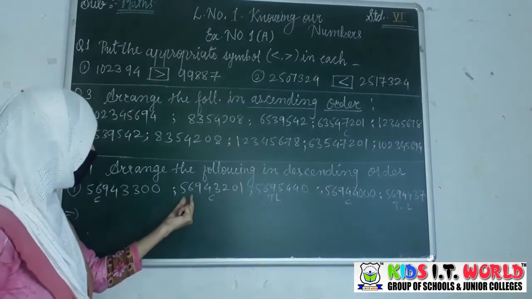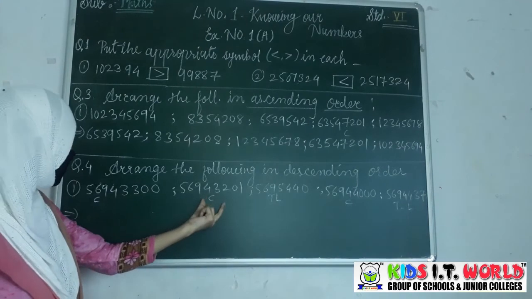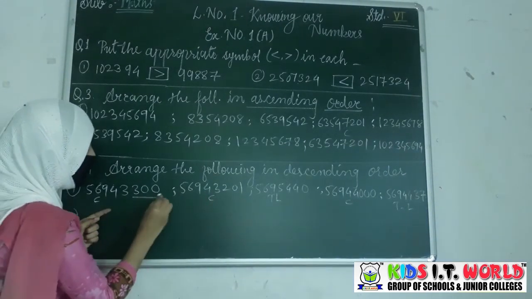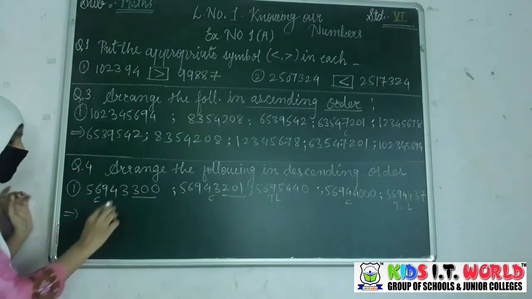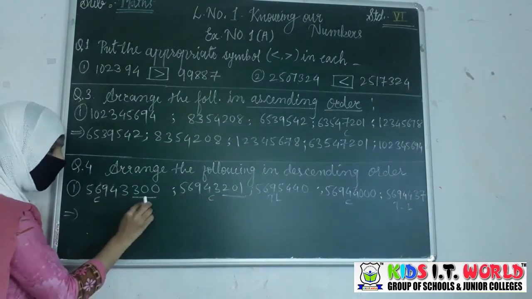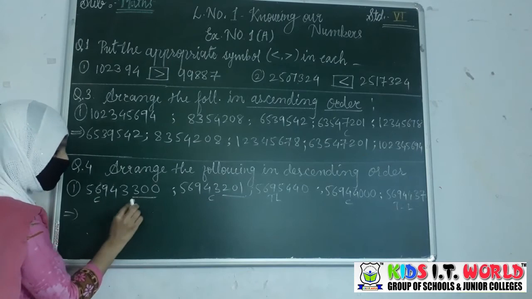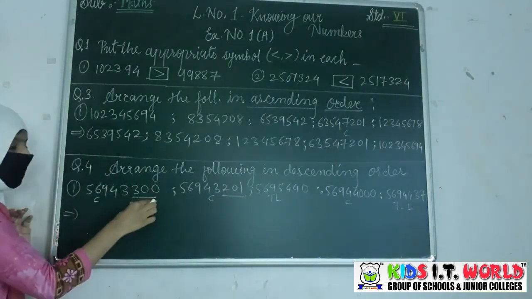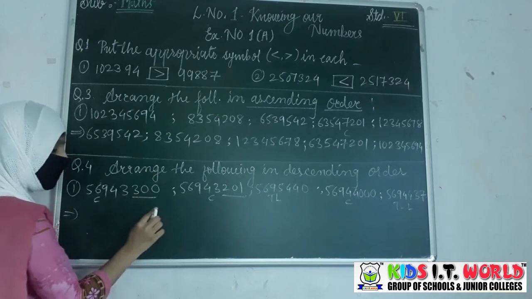It is 5 crore 69 lakh 43,201. So from these two, see the ones column here. Here all the numbers are the same in both. Just see the ones, tens, hundred. In these 3 digits, it is 201 and it is 301. So in both, which number will be greatest? This one.